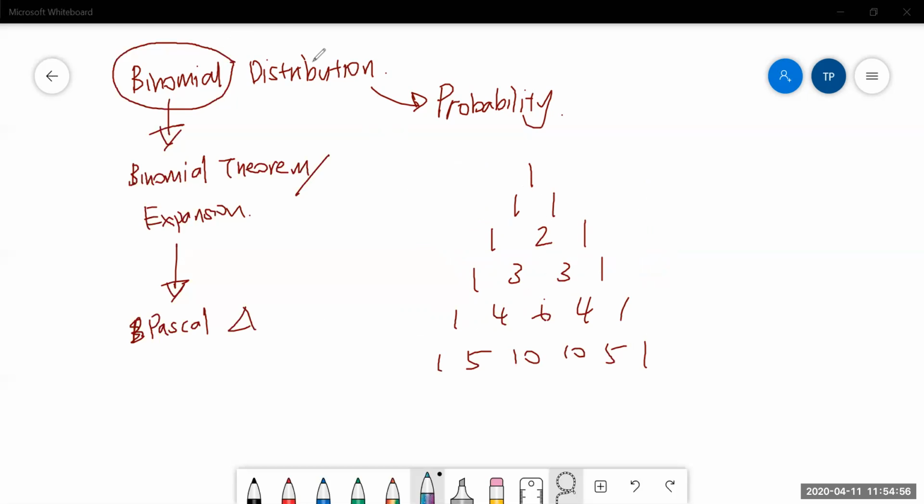How all these values are created is via these means. We see that 1 and 1 will give you 2, 2 and 1 will give you 3, 1 and 3 give you 4, 3 and 3 give you 6.